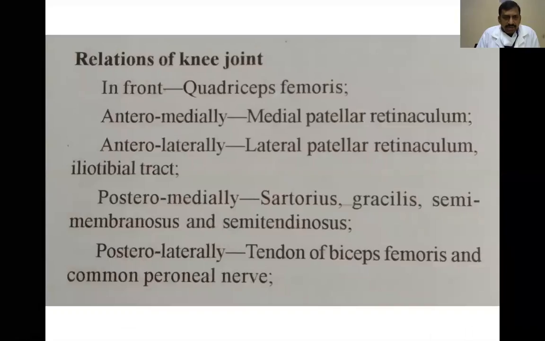Relations of the joint. In front is the quadriceps femoris; anteromedially the medial patellar retinaculum; anterolaterally the lateral patellar retinaculum and iliotibial tract; posteromedially the sartorius, gracilis, semitendinosus, and semimembranosus; and posterolaterally the tendon of the biceps femoris and the common peroneal nerve.